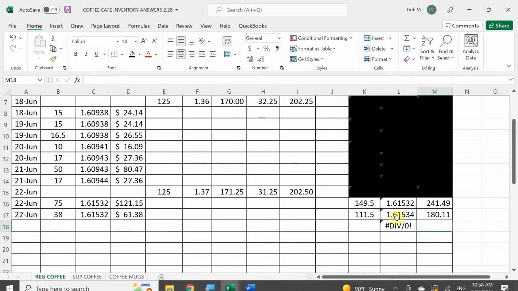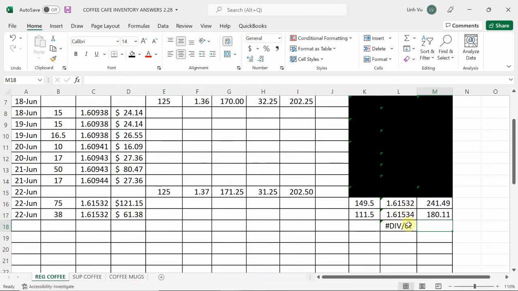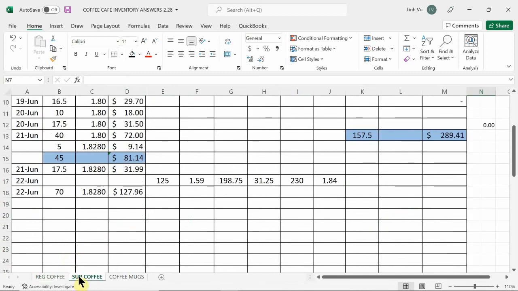So in this case, my cost per item has increased by 1/1000 of a penny. So I'm at $180.11 and 111 and a half pounds, and I used up $61.38. Moving on to my Supreme.